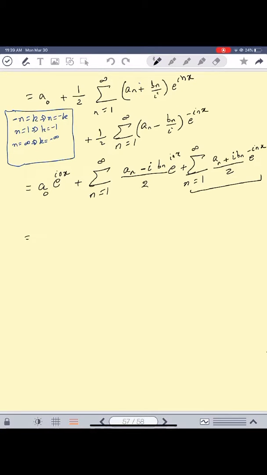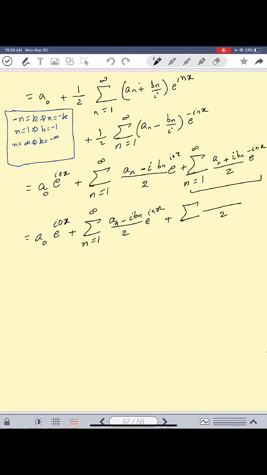So this is a0 e to the i0x plus the sum from 1 to infinity of (an minus ibn) over 2 e to the inx. This did not change, plus the sum. Now an plus ibn over 2, but what is the n?